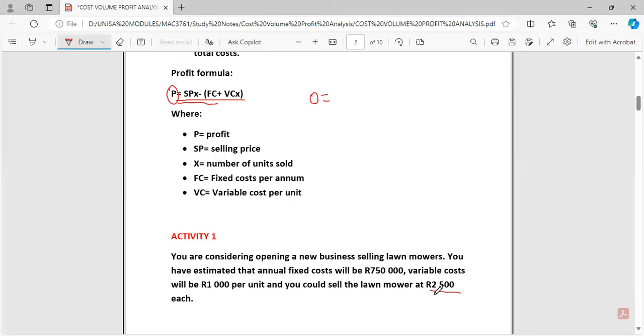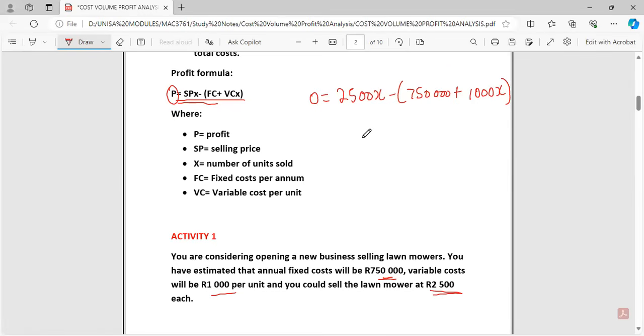Our selling price here is 2,500, so I'm going to say 2,500X minus FC, the fixed cost, minus 750,000, plus the variable cost X. Our variable cost is 1,000, so it's going to be 1,000X, right?